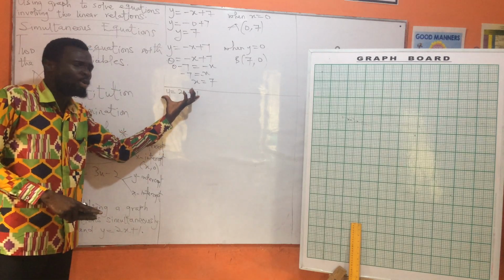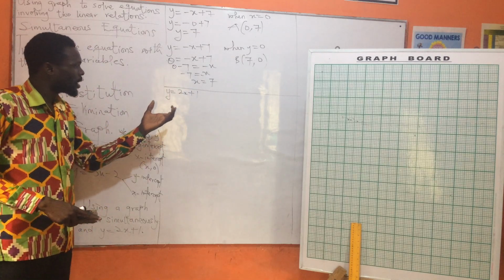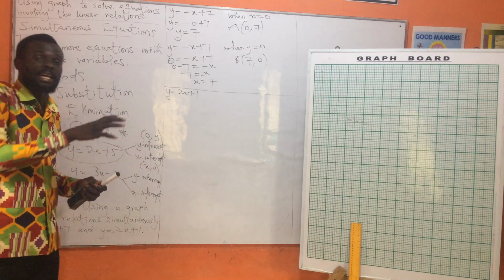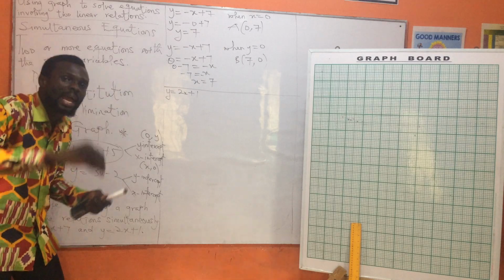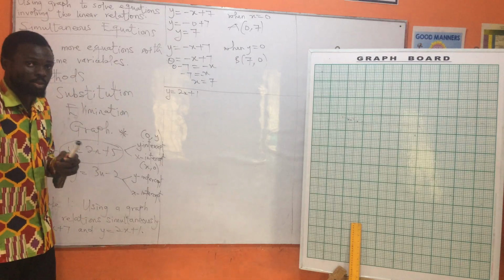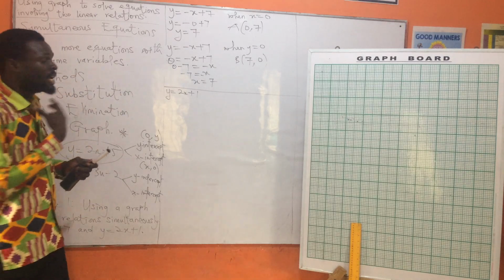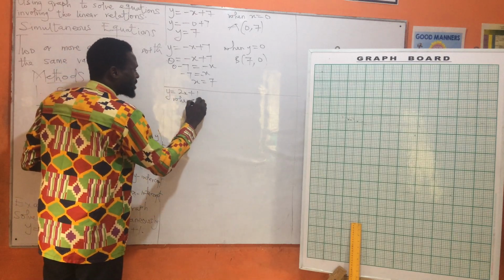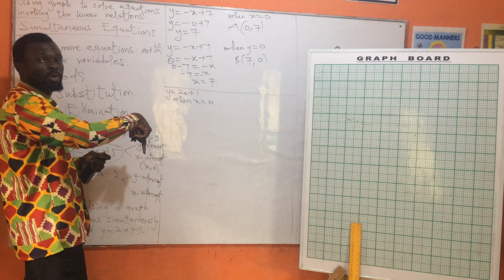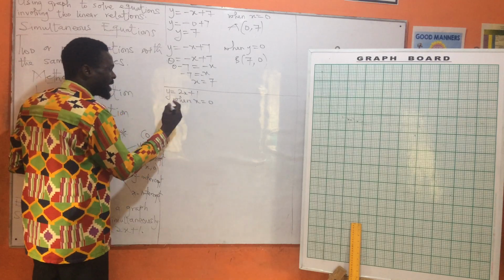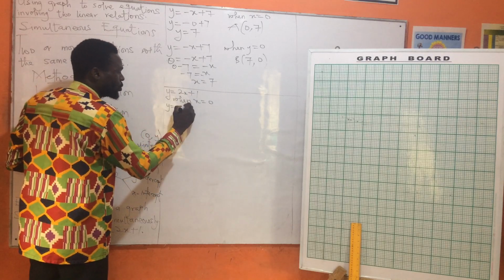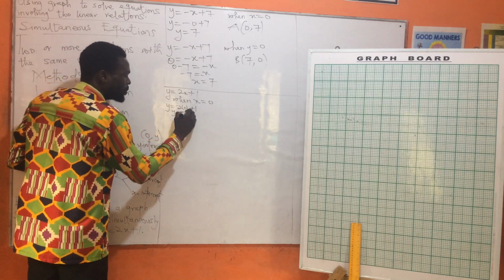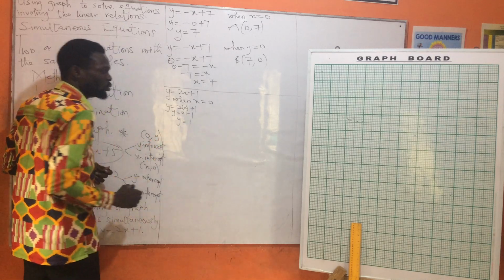Let's say I want the y-intercept. Then when x is equal to 0, what is the value of y? In place of x, we write 0, so y is equal to 0 plus 1. Y is equal to 1.